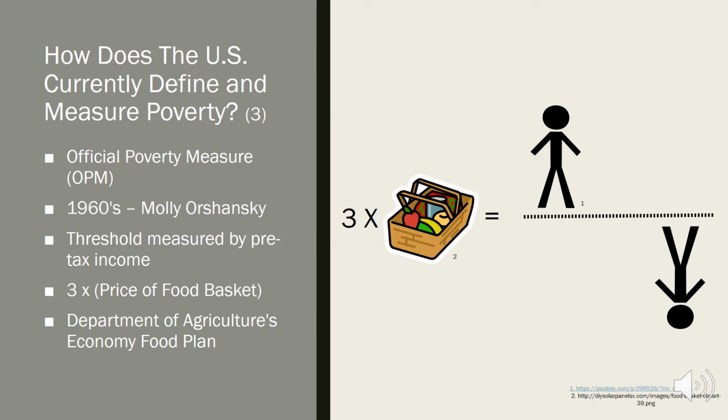We determine whether people are above or below the threshold based solely on their pre-tax income, and the threshold is set by a multiple of the price of a food basket. Basically, 3 times this basic food basket set by the Department of Agriculture's Economy Food Plan. This food plan is a basic but nutritional food plan that can sometimes get monotonous.